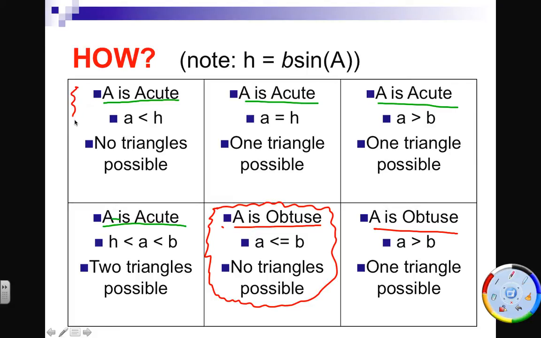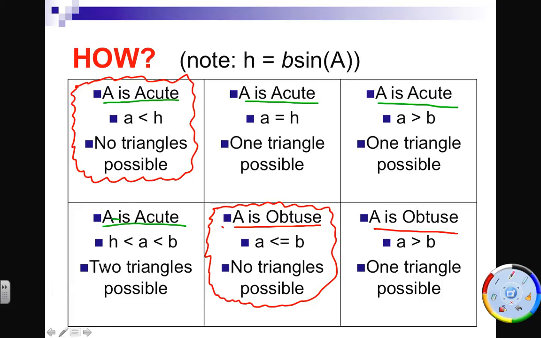Or the other version that everybody likes is if A is acute and little a is less than the height. And I mentioned that option earlier. Then no triangles exist. And go through here and copy this down so you guys know what's coming up here.